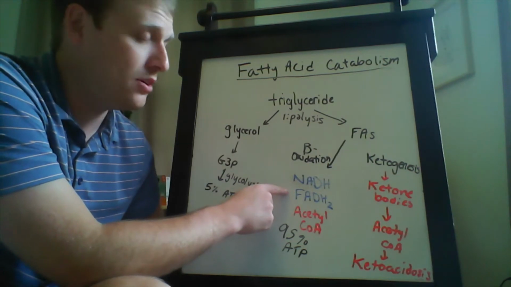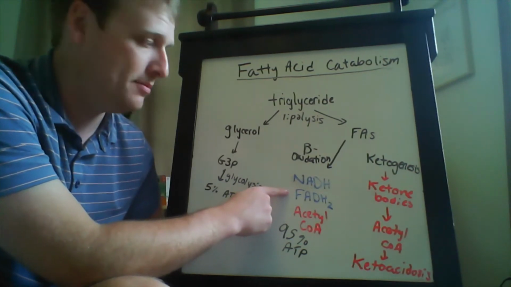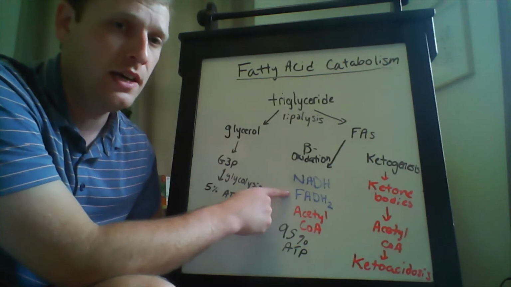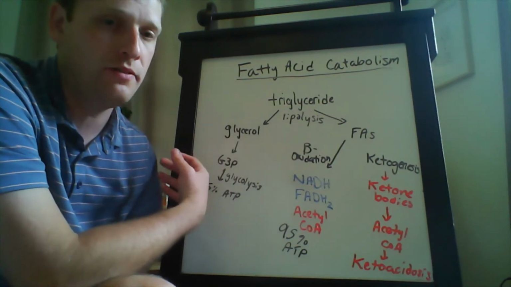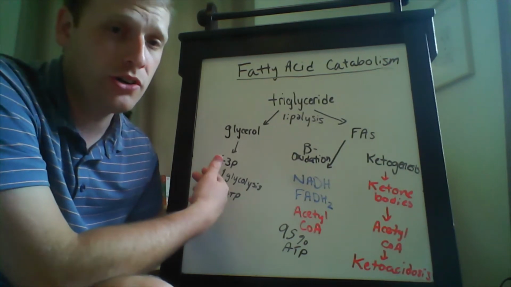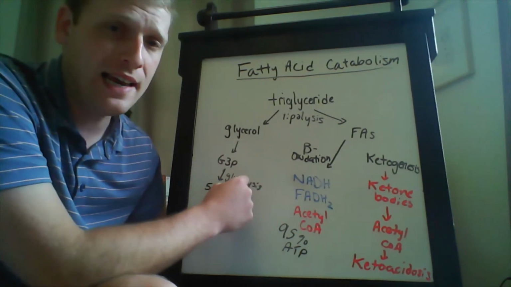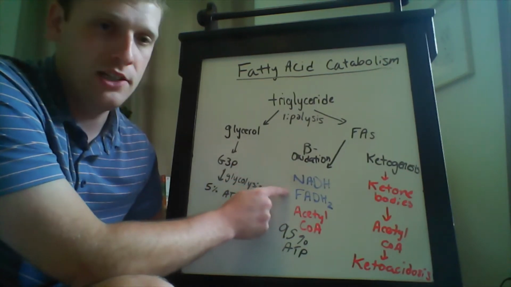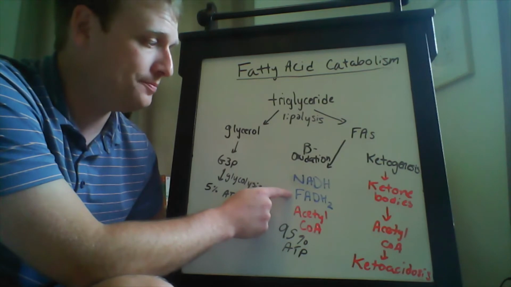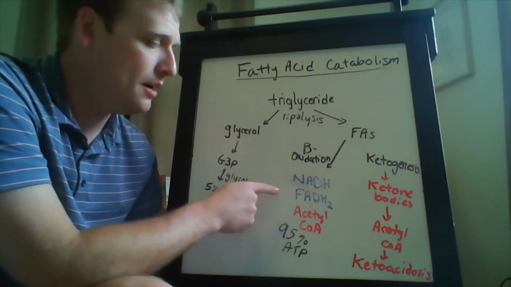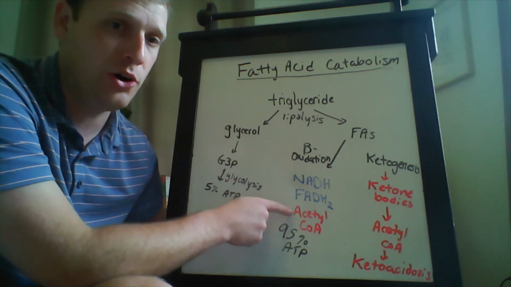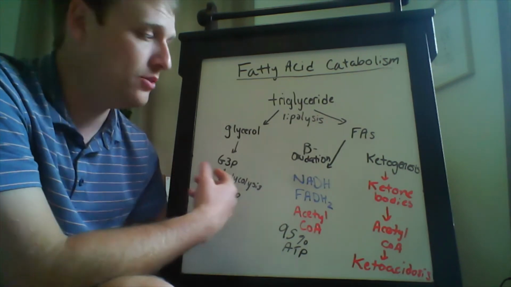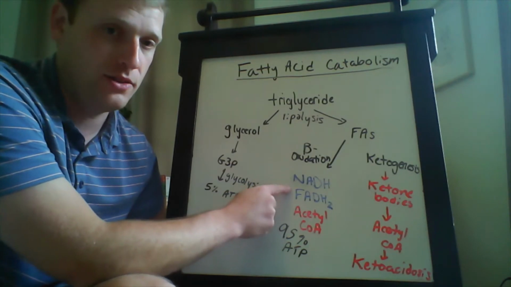Again, those are the reduced coenzymes that are carrying electrons to the electron transport chain. And that's what provides the bulk of energy that we get from breaking down sugar. So same with fatty acids. The point in breaking them down is ultimately to generate as much of these two as possible. In addition, you're also going to create acetyl-CoA, which hopefully you remember can enter the Krebs cycle to generate even more of these two substances.